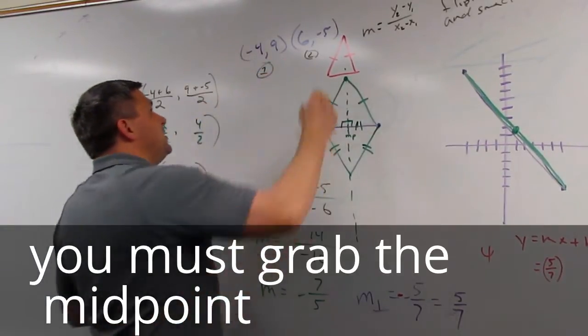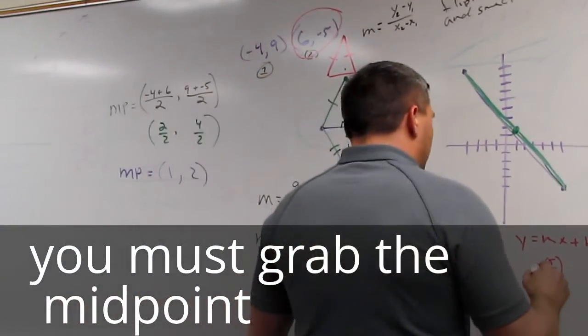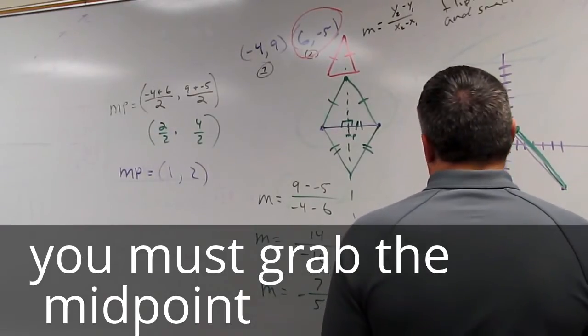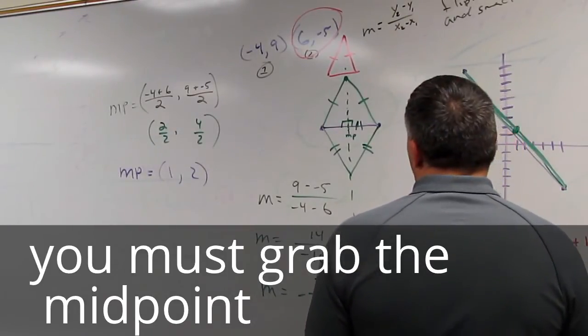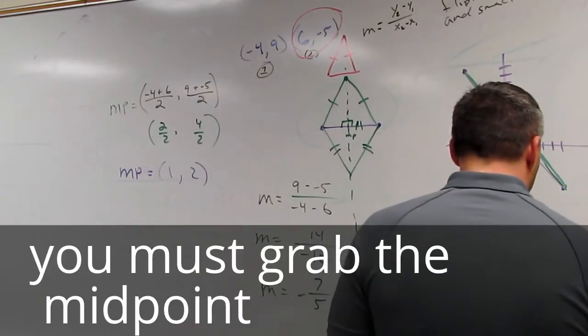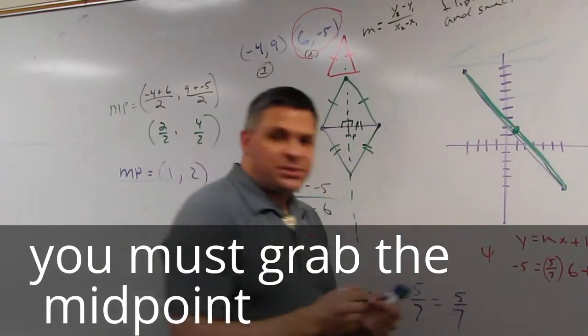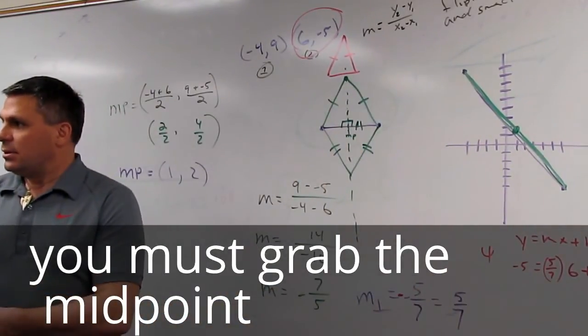Which one do you want to use? I like 5s. I don't know. So, okay, my x is 6, and my y is negative 5. It doesn't matter, because I'm just doing math now.